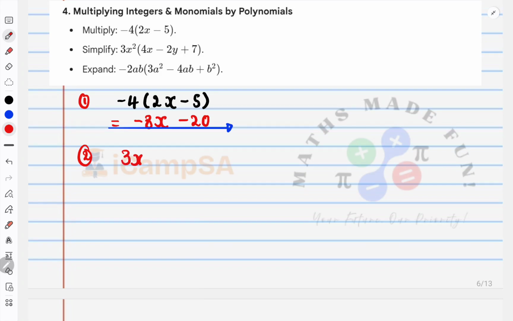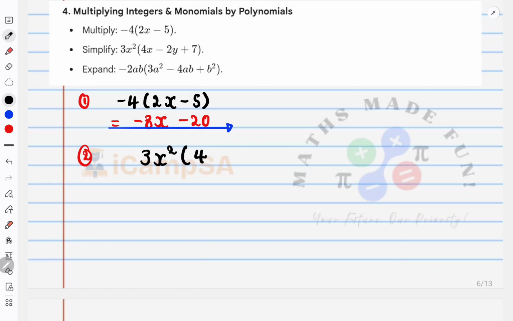we have 3x squared into 4x minus 2y plus 7. Okay, we still do the same thing. We have to distribute this accordingly.